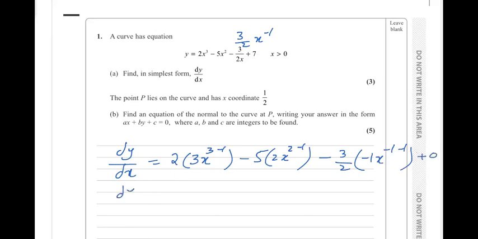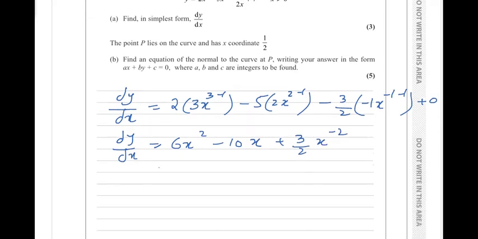So dy over dx will be 6x squared minus 10x. Minus and minus will become plus 3 over 2 x to the power minus 2. And from here dy over dx is equal to 6x squared minus 10x plus 3 over 2.